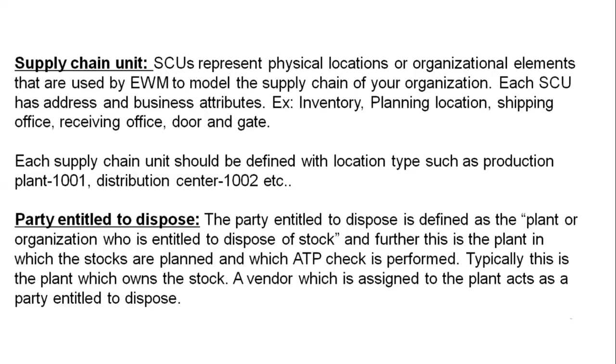Each supply chain unit has particular business attributes and addresses as well, for example inventory and planning. Where that good has to be delivered, we also have a shipping office and a receiving office. These are some of the attributes used in the supply chain unit. Mostly it should be defined in the location type, such as production plant and distribution centers, etc.